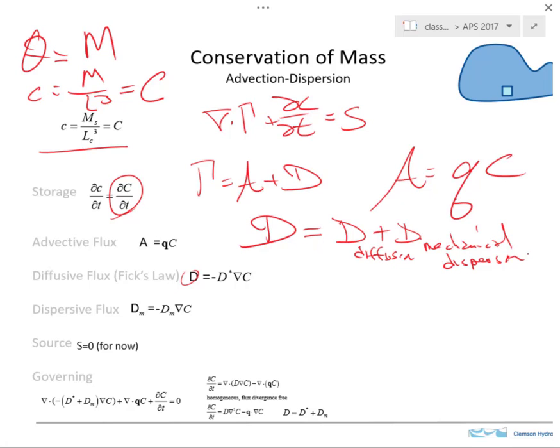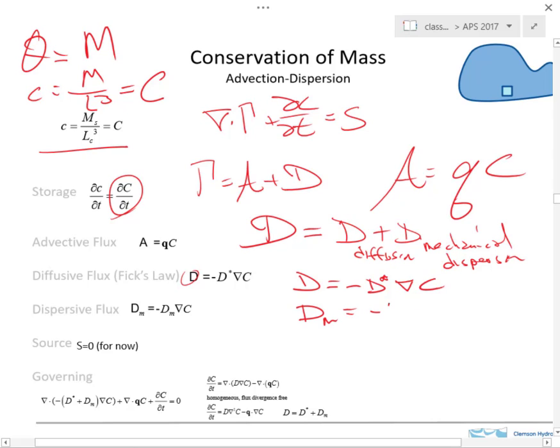Okay, now we have two processes that govern these things. Fick's law is going to give us that the flux from diffusion is minus D star, the diffusion constant, times del C. And what we just had on the previous slide was the dispersive flux, the mechanical dispersion.